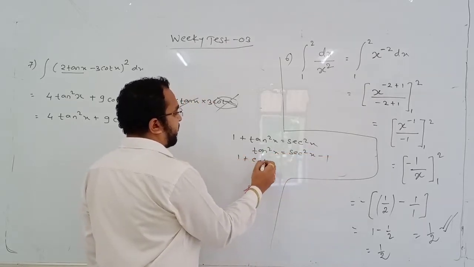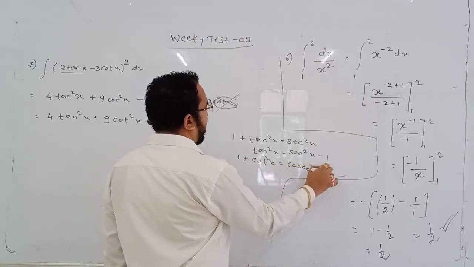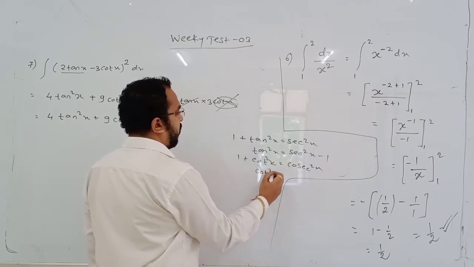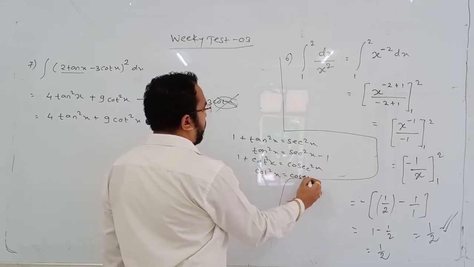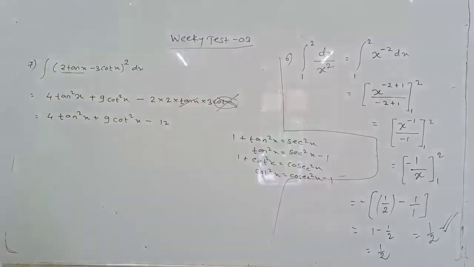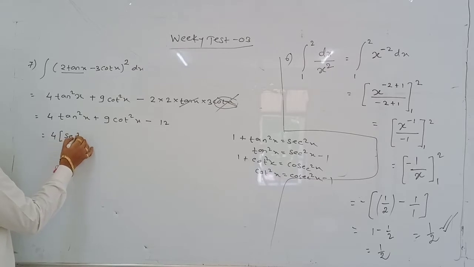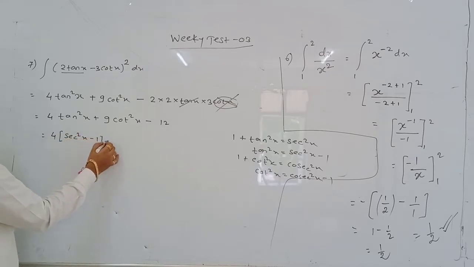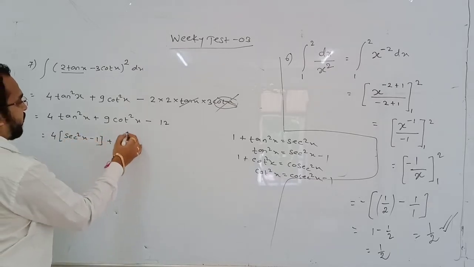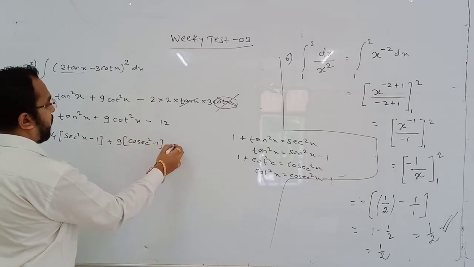Then 1 plus cot square x is equal to cosec square x, hence cot square x is equal to cosec square x minus 1. So I will substitute over here: 4 into (sec square x minus 1) plus 9 into (cosec square x minus 1) minus 12.